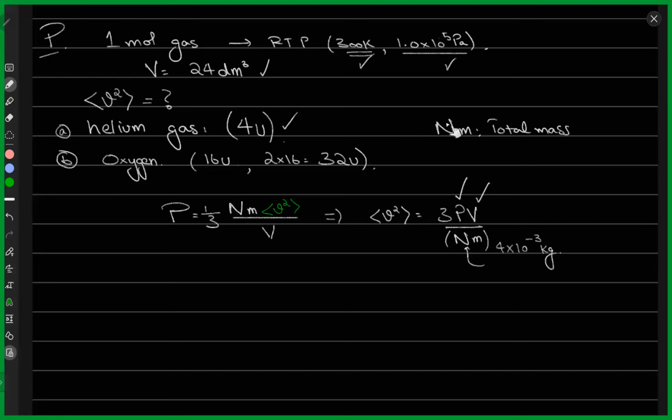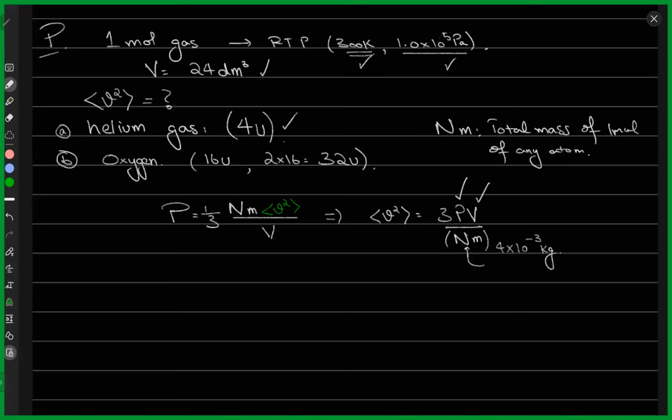Nm is just N multiplied by M. It's the total mass of 1 mole of any atom.